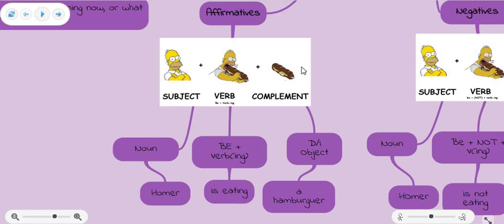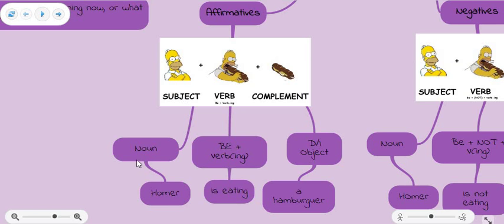As you can see here in this picture, it will have three main components: a subject, a verb, and a complement. But when we're talking about a verb, we have to remember that the verb is combined by two important components: the verb be and the main verb plus ing.